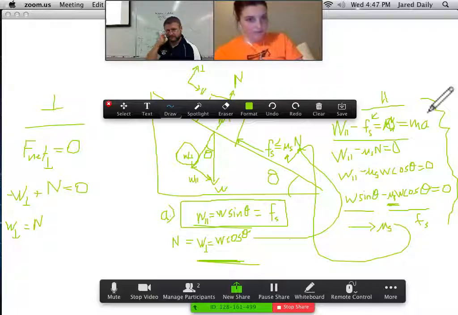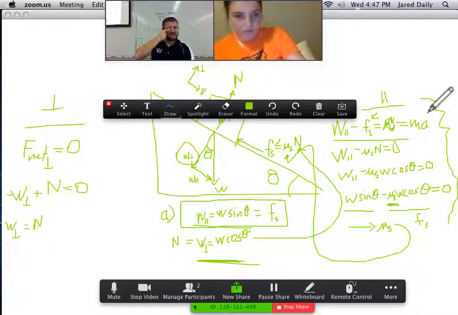And then the friction, static friction, you still find the static friction, not kinetic friction, right? No, now that it's moving, you find the kinetic friction, but it's the same equation, just a different coefficient.